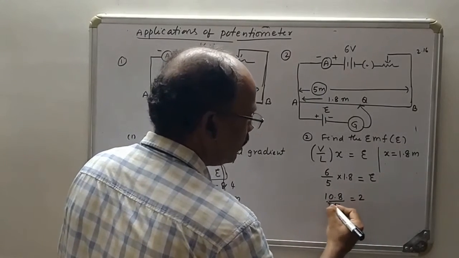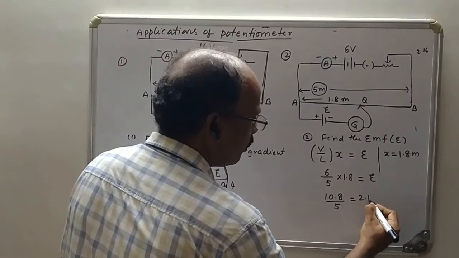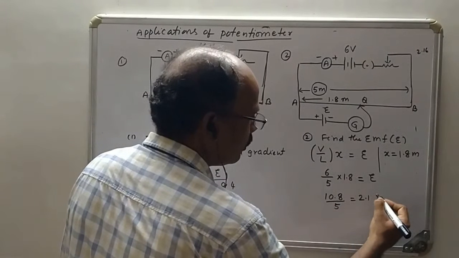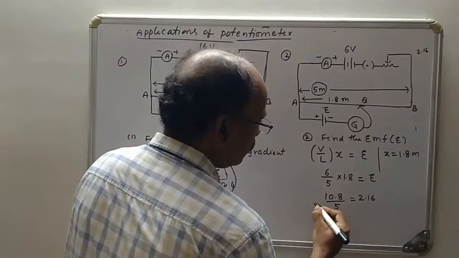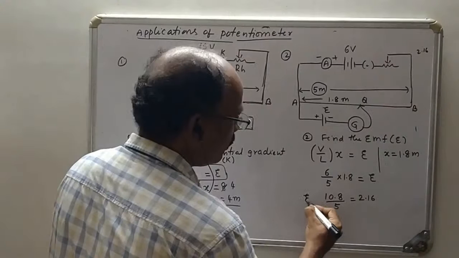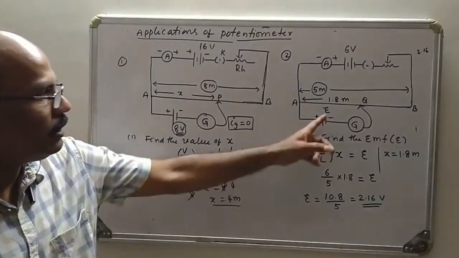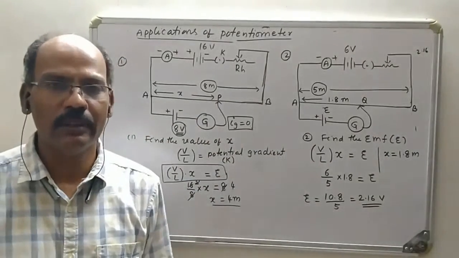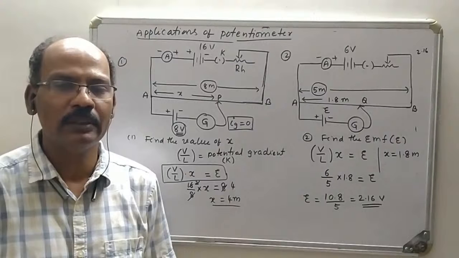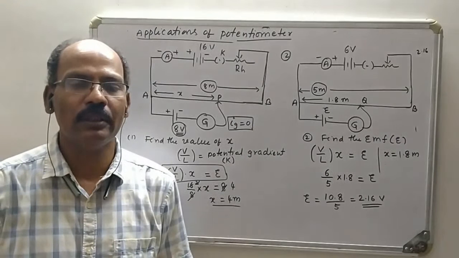That is equal to 2.16. So this is nothing but the EMF on the secondary side. So EMF is equal to 2.16 V. So these are the simple applications of the potentiometer. Thank you.